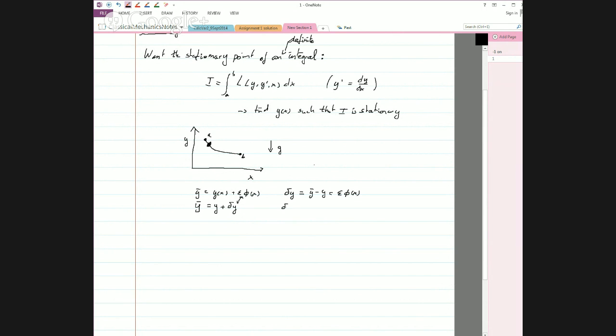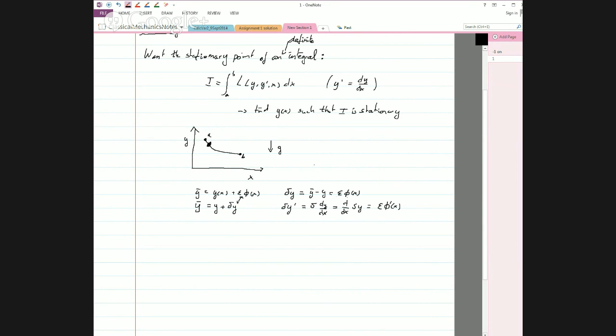And we also saw then that delta y prime, which is delta of dy by dx, we showed that that's the same as d by dx of delta y. And that's going to be epsilon phi prime of x, right?